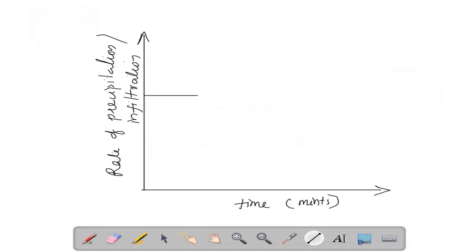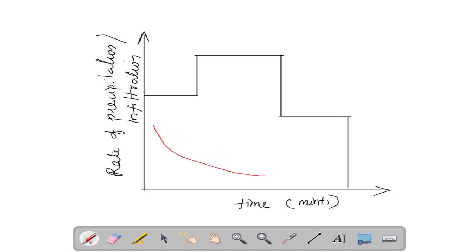I am just drawing, this is not the correct values. I think you will get a graph like this if you plot rate of precipitation and time. Then if you consider rate of infiltration and time, you are going to get a graph like this. So first draw the graph, then we'll discuss the problem.